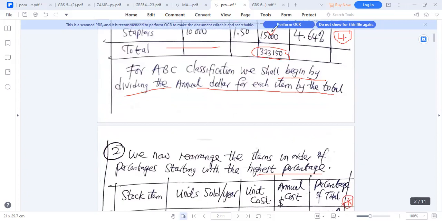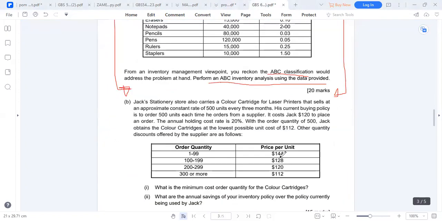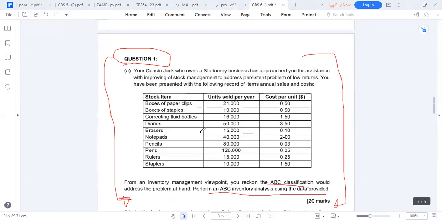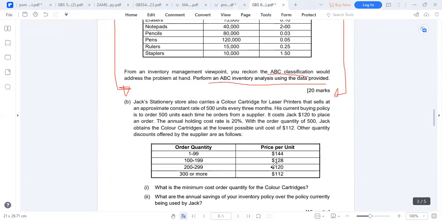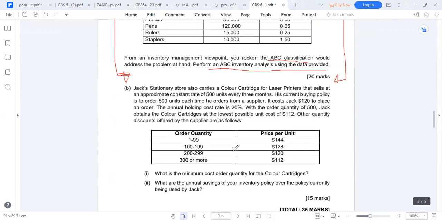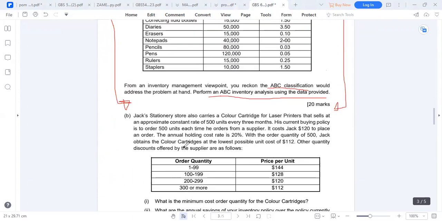Now, getting down to the other one. The other one that we are getting down to is this question. After we have classified this inventory, we can now get down to the other one where we look at Jack Stationery Store.